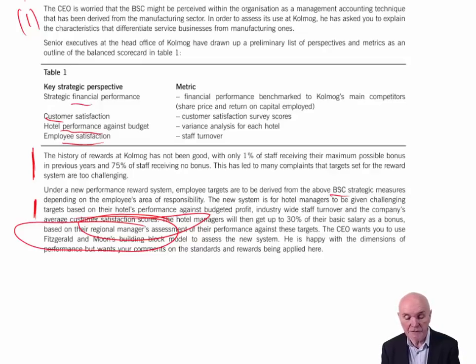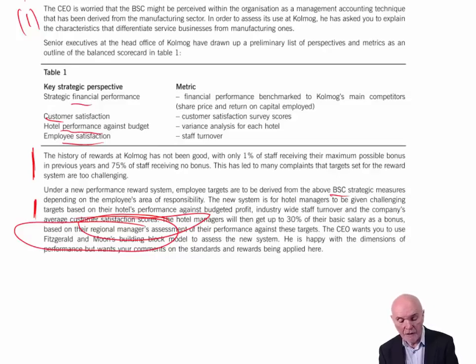The new system is for hotel managers to be given a challenging target based on their hotel's performance against budgeted profit, industry-wide staff turnover, and the company's average customer satisfaction scores. The hotel managers will then get up to 30% of their basic salary as a bonus based on the regional manager's assessment of their performance against targets.